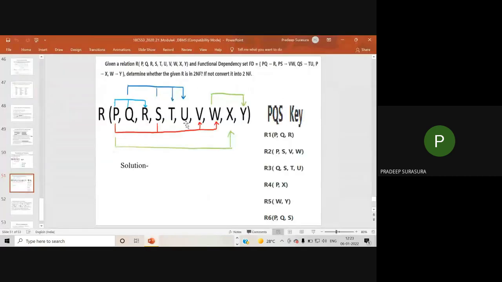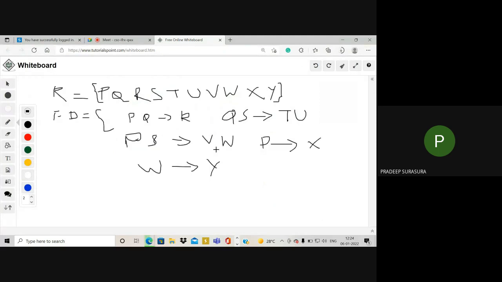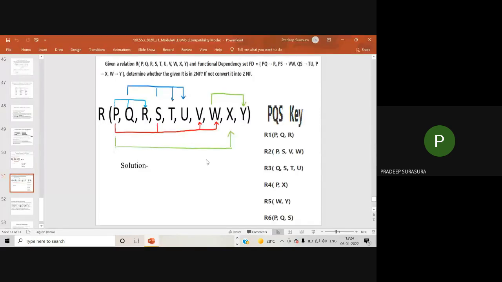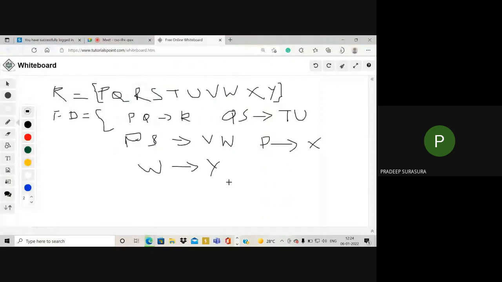PQ determines R. QS determines TU. P and S determine VW. P determines X. W determines Y. Okay, fine. This is the problem.